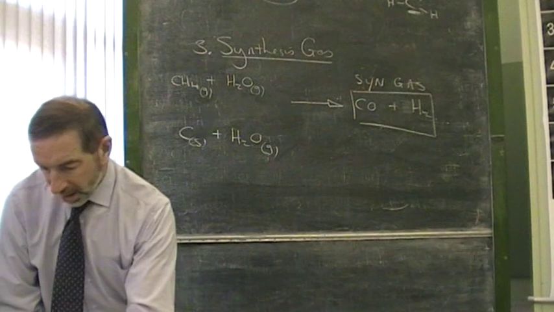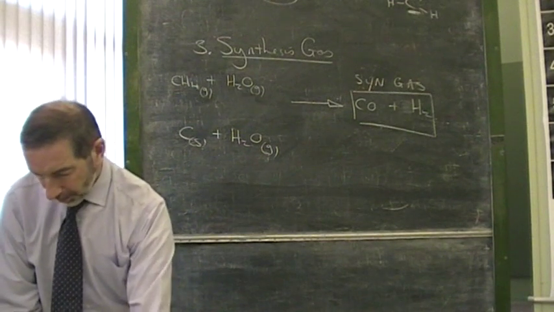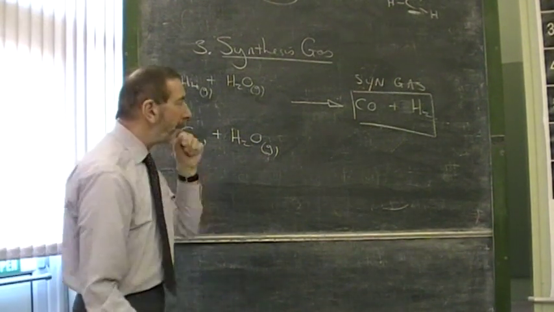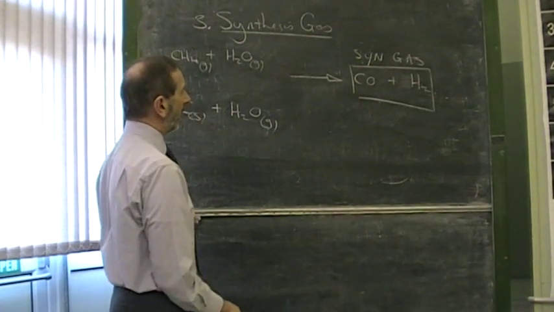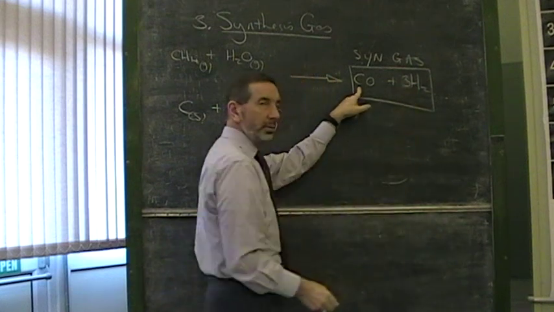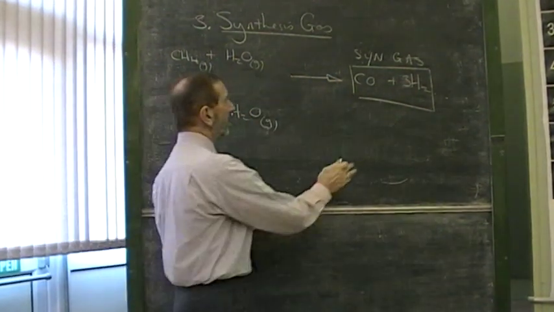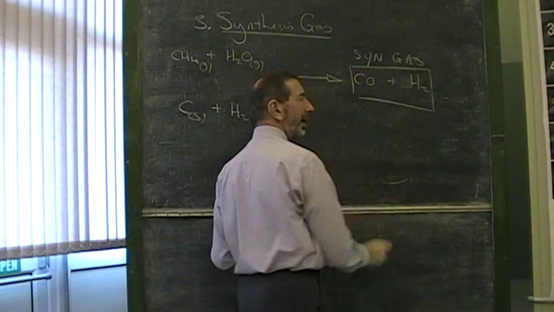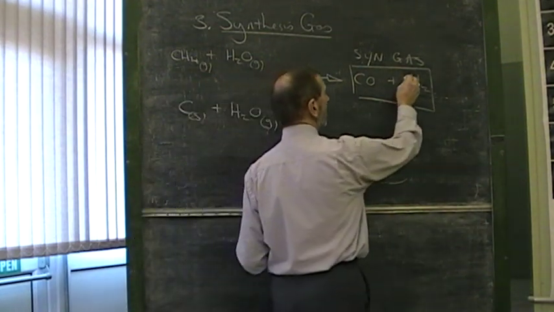Now, we want this synthesis gas to make methanol. How do we do that? Earlier on I had a 1 to 3 ratio. Just now I had a 1 to 1 ratio. How about a 1 to 2 ratio?